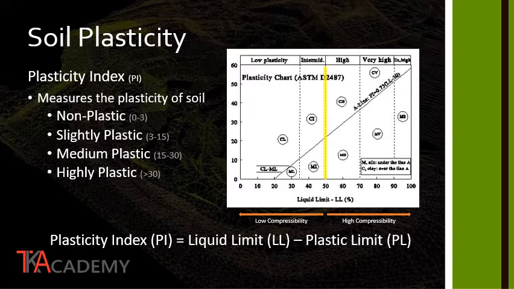Slightly plastic soils have a higher plasticity index reading between 3 and 15. Medium plastic soils range between 15 and 30, and highly plastic soils are those that have a plasticity index above 30. Soils with a lower plasticity index have low compressibility, while soils that have a higher plasticity index have higher compressibility.